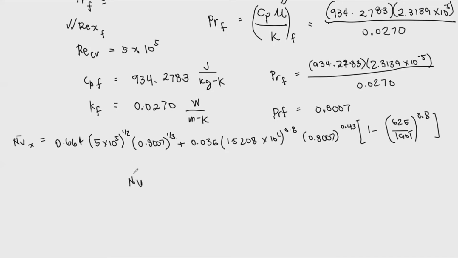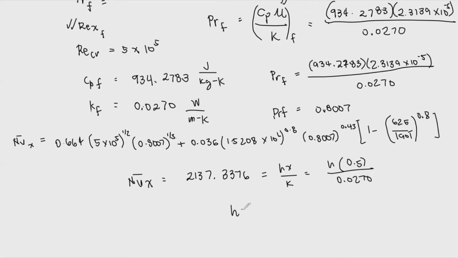so the Nusselt number, the average, would be equal to 2137.3376, where this is equal to hx over k, where h is what we need, and x is the dimension of the square plate, the one dimension, and k here is the thermal conductivity, which is 0.0270.